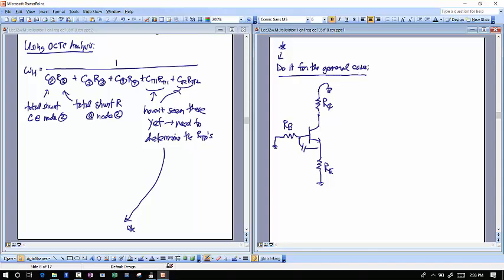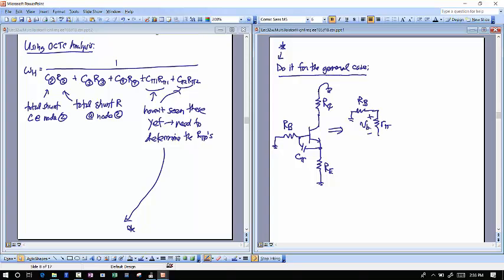I have this C pi, and I'm trying to determine the driving point resistance associated with that C pi. How do I go about doing this? I plug in that hybrid pi model. So there's ground. There's that RB resistance again, that you know is going to go into the R pi of my transistor.